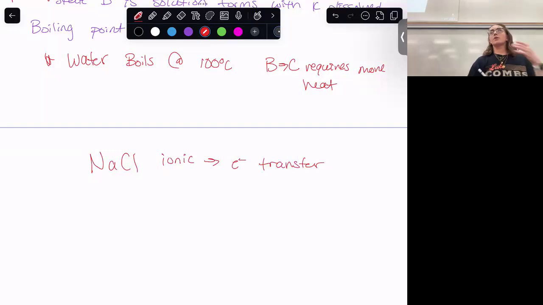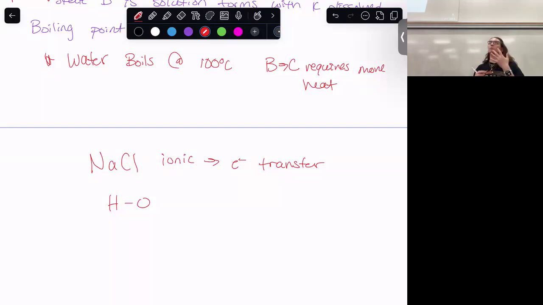When we look at a covalent compound, like H2O, we draw that bond between them because they're sharing the electron. However, your bond is so strong in NaCl that the electron flips from the sodium to the chloride. So in order to break that bond, to remove those two atoms away from each other, you need energy. And all bond breakage requires energy.